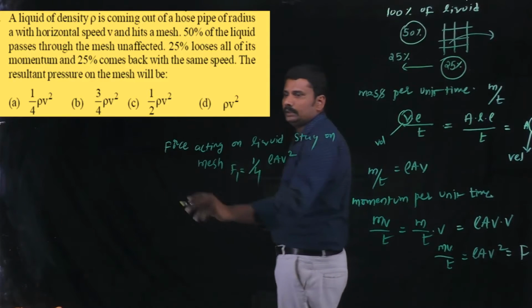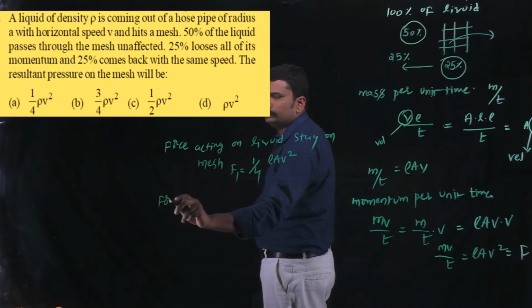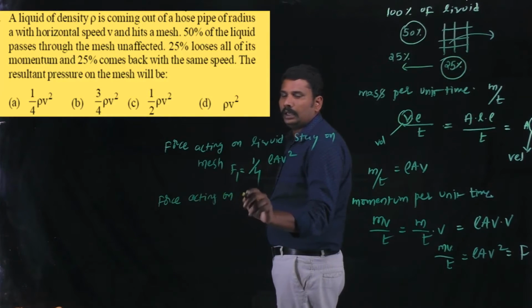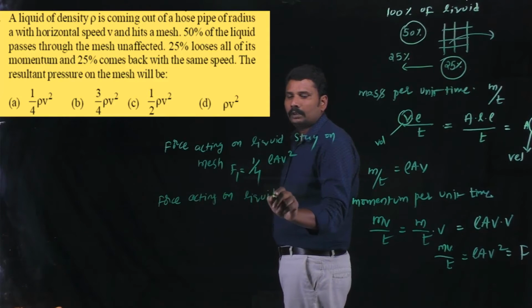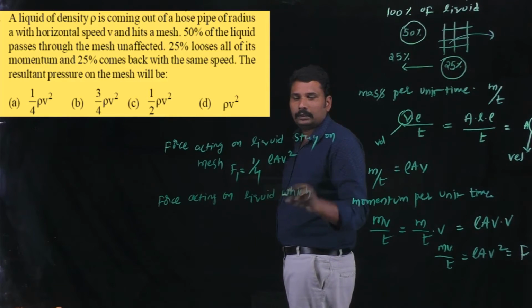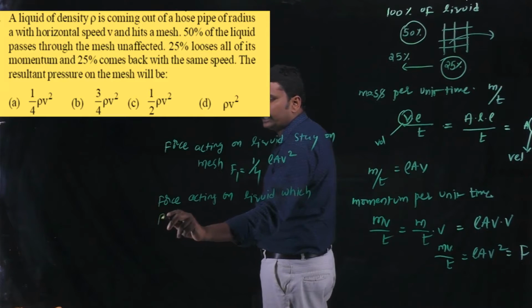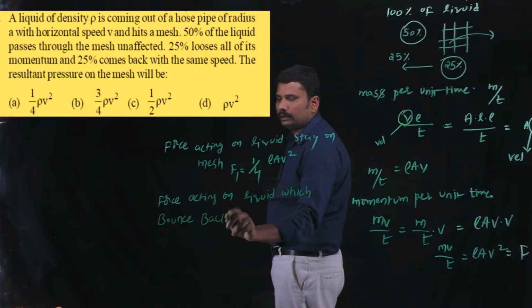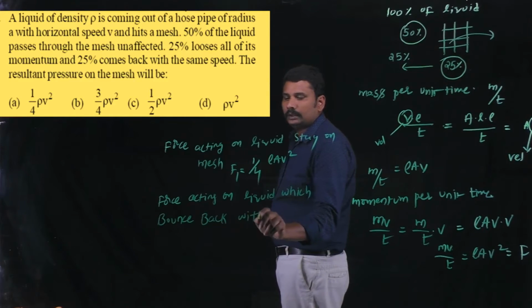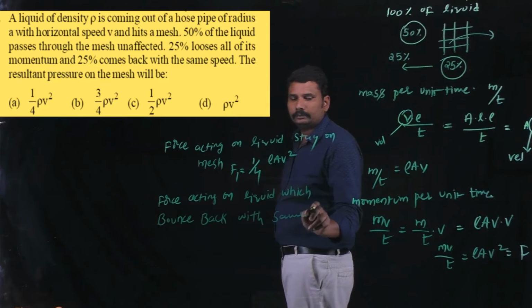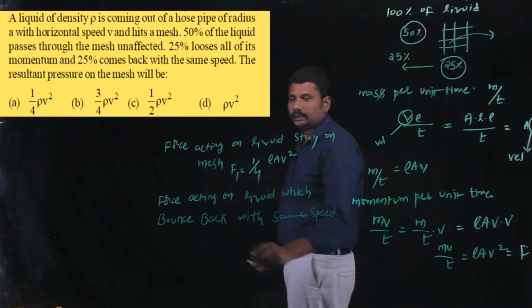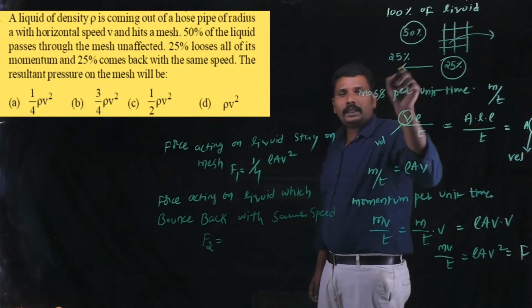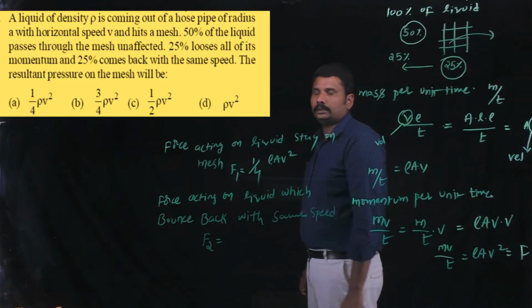And the next one is the force acting on the liquid which bounces back with the same speed. It means that force is F2, 25% of the liquid bouncing back with the same speed.